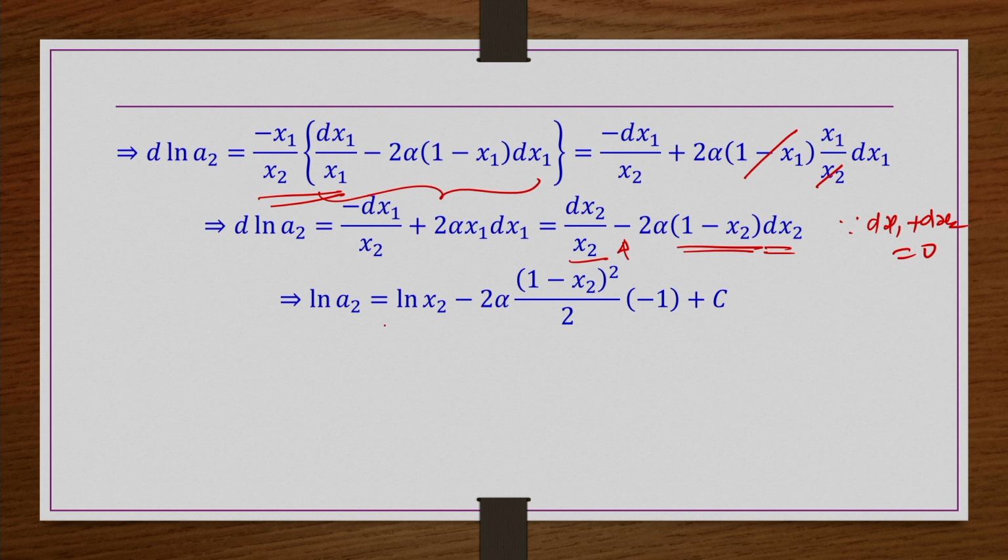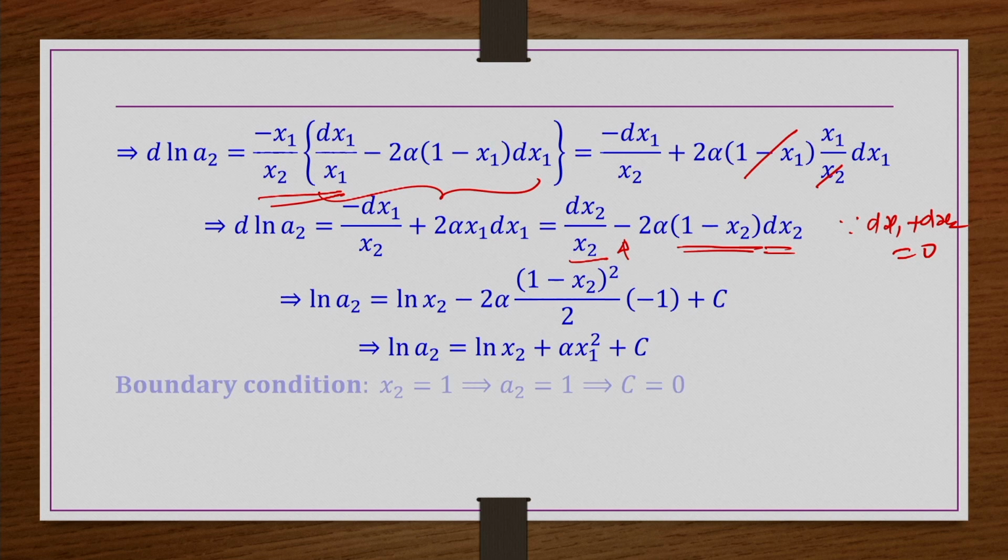So, ln A2, if you integrate the above equation, you get ln A2 is equal to ln x2 minus 2 alpha (1 minus x2) whole square by 2 multiplied by minus 1, plus c. That means, ln A2 is equal to ln x2 plus alpha x1 square plus c. And then when x2 is equal to 1, the activity should be equal to the mole fraction.